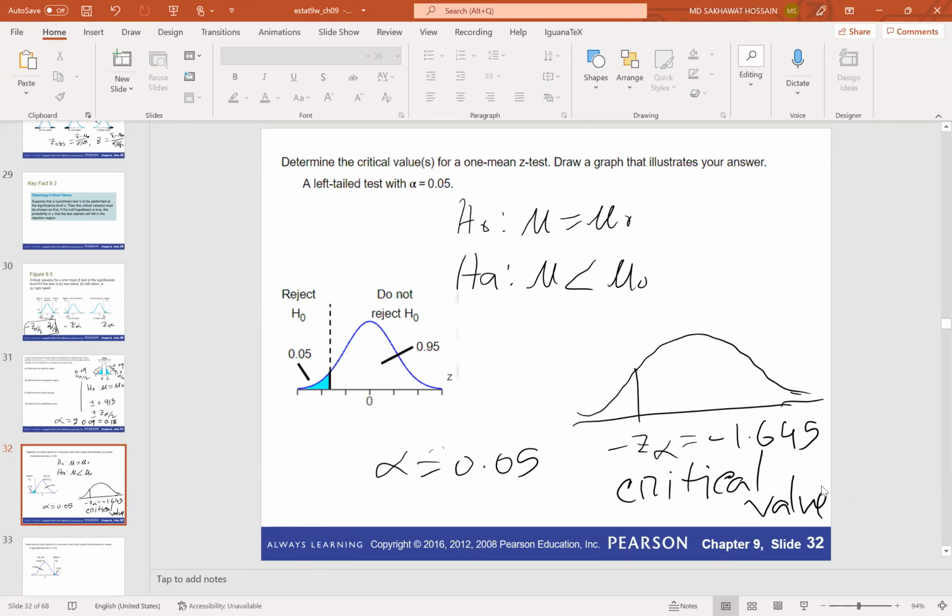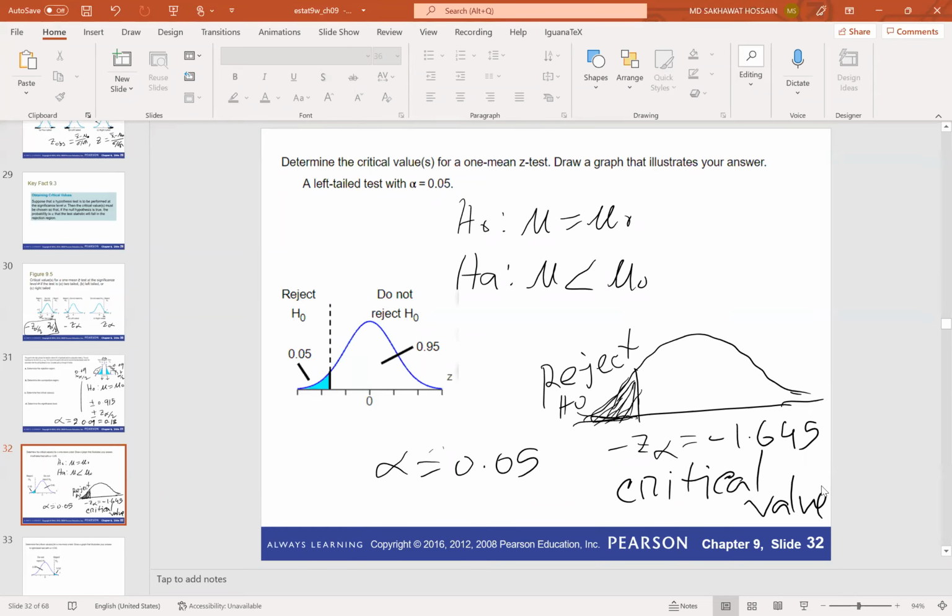Now the rejection region is this region. We'll reject the null in this region. That means we'll calculate the test statistic. If our test statistic is a value less than negative 1.645, then we'll reject the null.